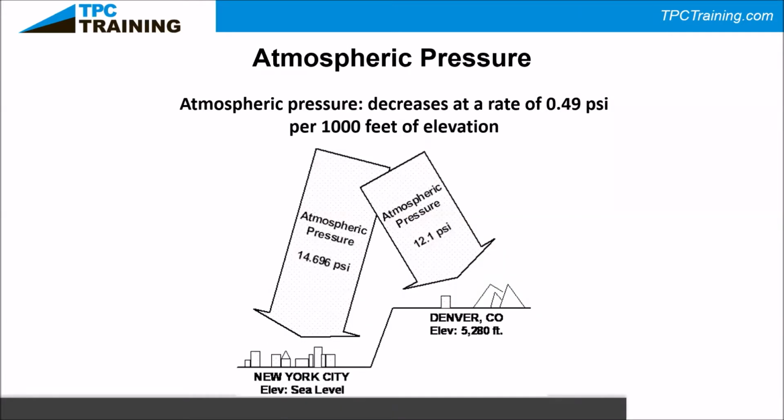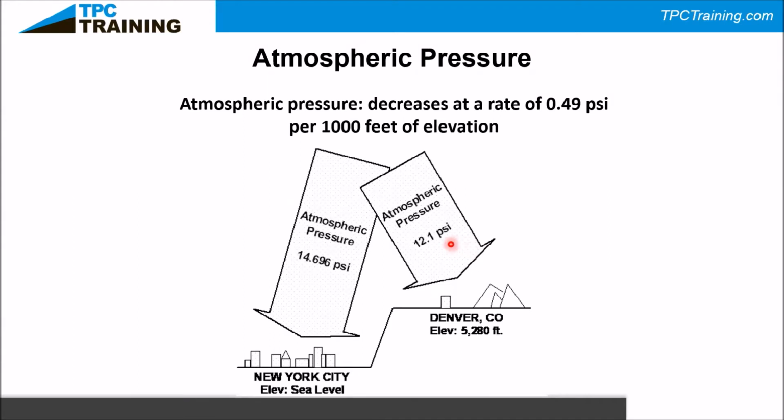Just a small example of what I'm talking about: atmospheric pressure decreases at a rate of 0.49 psi for every 1,000 feet in elevation. If you were in New York City and took a ladder and climbed straight up 5,280 feet, which happens to be 1 mile, you would be at 12.1 psi atmospheric pressure.